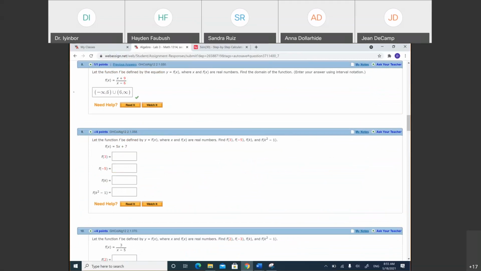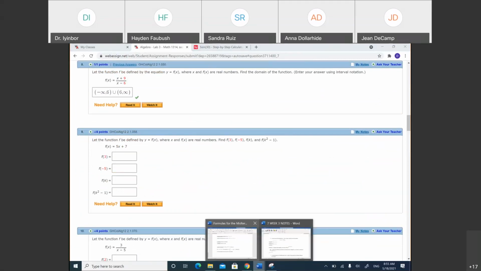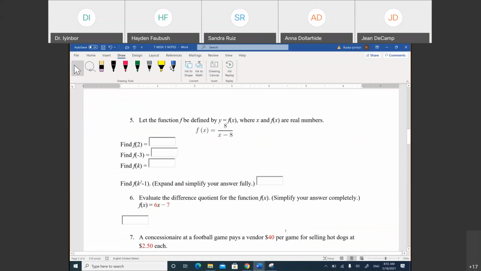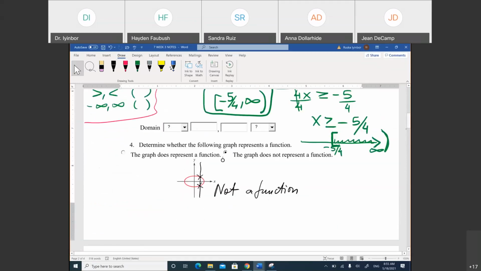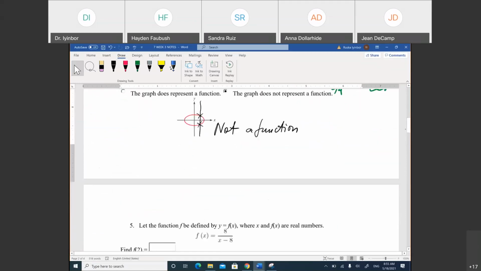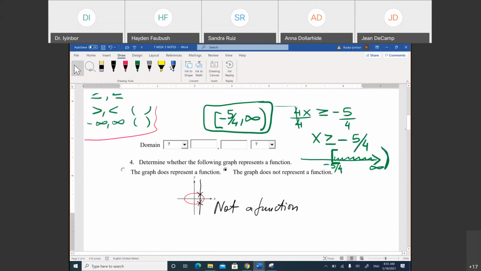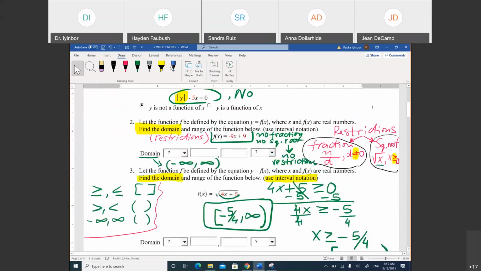Is it always, with this kind of fraction, is it always going to be the bottom number where we try to find the domain? Yes, always. Thank you for asking that. When you have a fraction, you always work with the bottom of the fraction. See over here, I put it here. Let me show you. Here, see the restrictions. If it's a fraction, you always work with the bottom only.